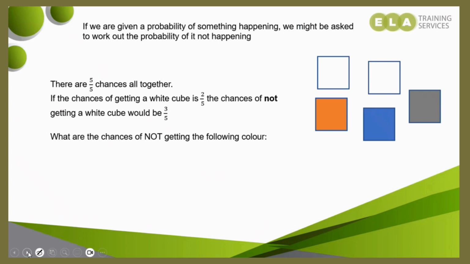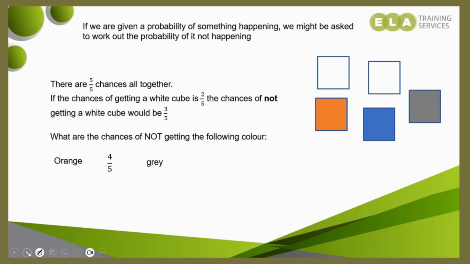So what are the chances of not getting the following colour? Orange. The chances of getting it would be 1 out of 5. So the chances of not getting orange would be 4 out of 5. Okay, what's the possibility of not getting grey?